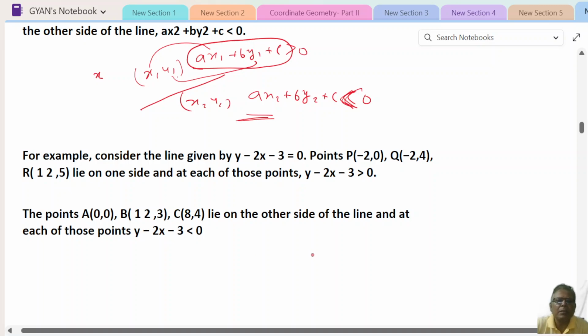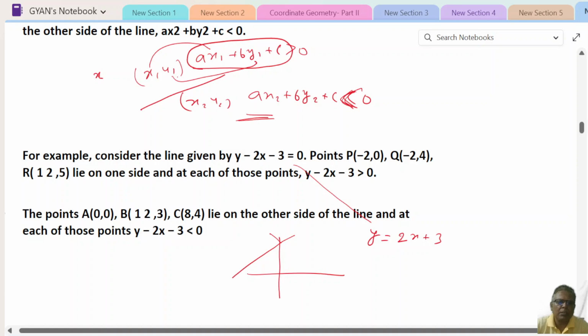For example, consider the line y is equal to 2x plus 3. This line has y-intercept 3, and the slope 2 is positive.